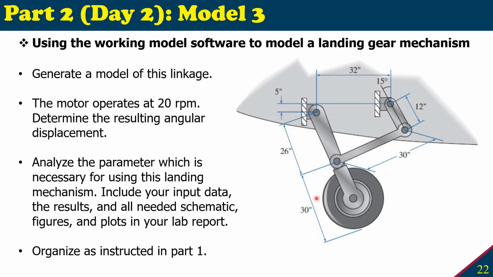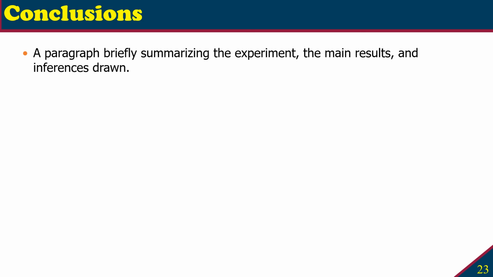You should create result section and discussion section as we have discussed for model 1 and 2. So on the conclusion part, it is same for all the labs, and for the first part or second part, you have to summarize briefly the experiment, the main result, and inference that you draw from the lab.